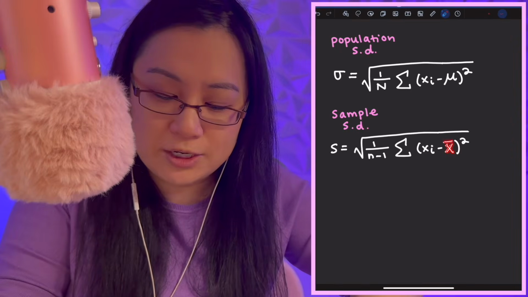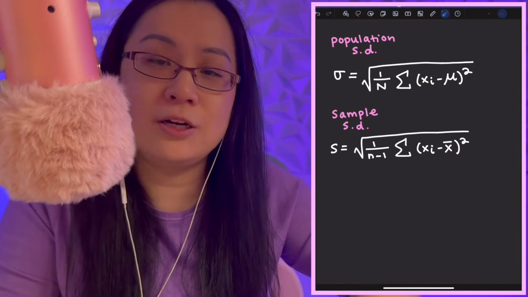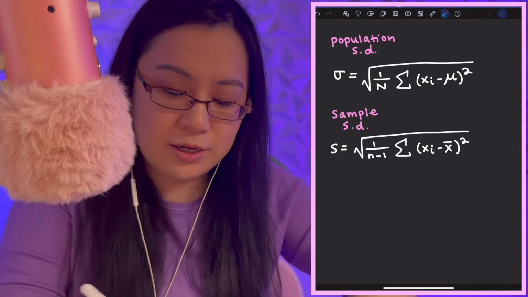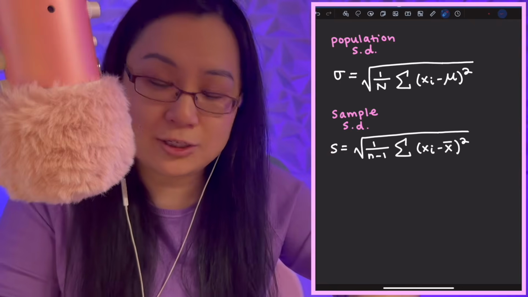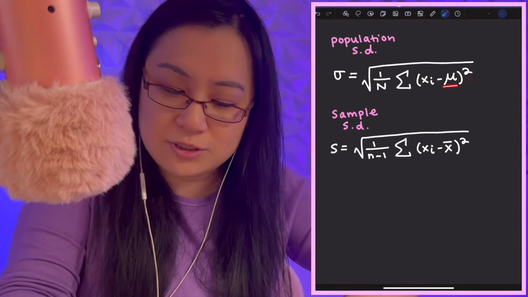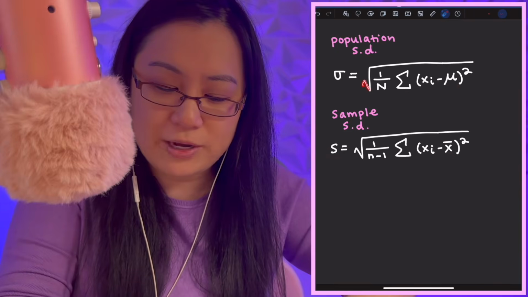X bar is a sample mean, so the average of a sample, and S would be your standard deviation. That's the only subtle difference with the notation here, because you can see the pattern looks very similar.